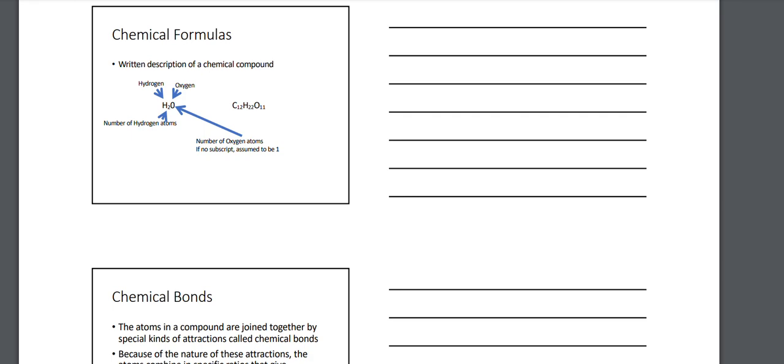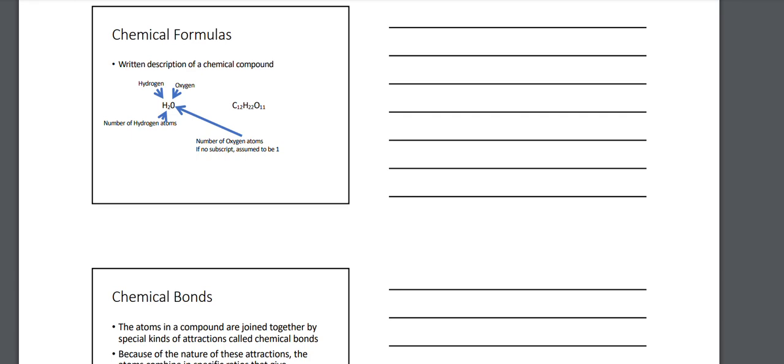We will be using chemical formulas from this point moving forward when it comes to balancing chemical equations, writing down chemical compounds, and naming chemical compounds. So chemical formulas are pretty essential to our course, and I need to make sure that you are all able to write chemical formulas correctly.